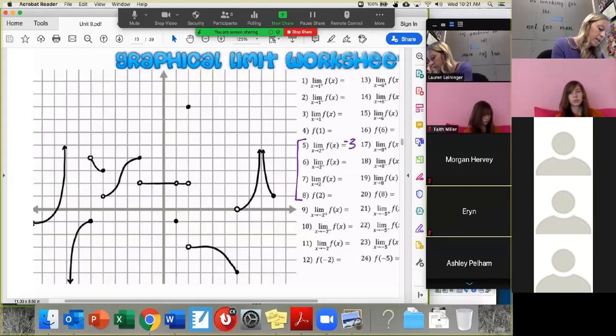Good. Limit as x approaches 2 from the left? 2. What does that mean about my limit at 2? It does not exist. And what's my function value at 2? 8.